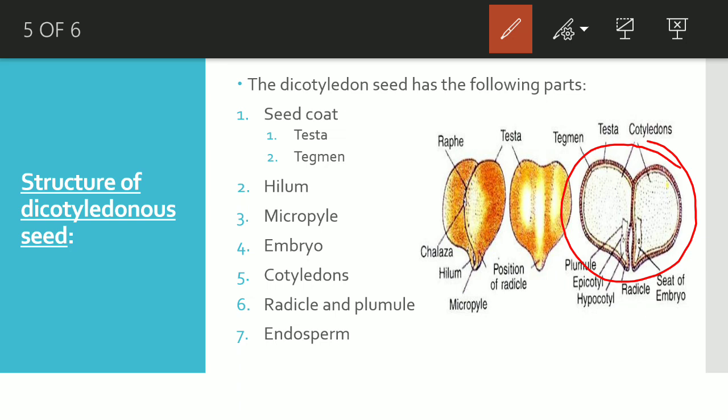But in dicotyledonous seed, the seed coat has two layers. First one is testa and second is tegmen. The testa is the thick outer layer of the seed and tegmen is the inner delicate layer of the seed.